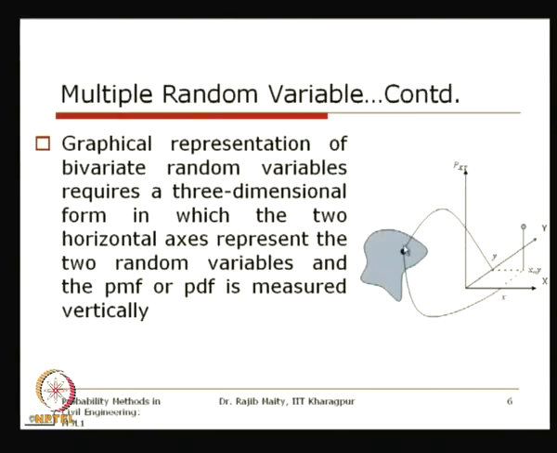Over this entire space there may be many such outcomes, and each outcome corresponds to two points, one on x and another on y, which corresponds to a point over this plane, and that will have a different probability. So instead of being distributed over a line as for a single random variable, it is now distributed over a surface. When we call it a surface, I am referring to the bivariate case. So how it is distributed over a surface is the PDF or PMF for a bivariate case.